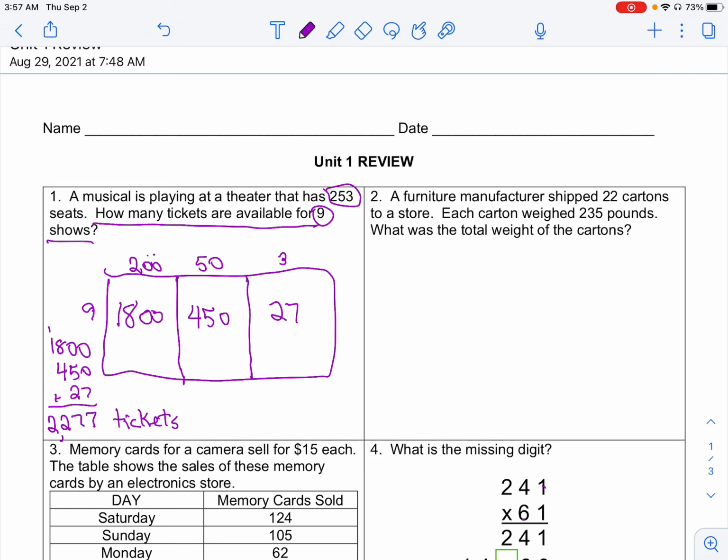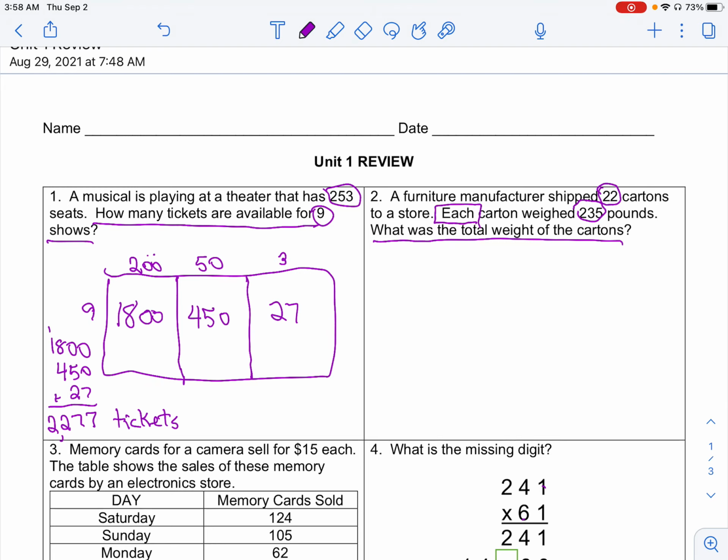Okay, good job. Next one: a furniture manufacturer shipped 22 cartons to a store. Each carton weighed 235 pounds. What is the total weight of the cartons? Okay, we circle our numbers, we underline the question to answer, and we look for any keywords and box them. I see one right here.